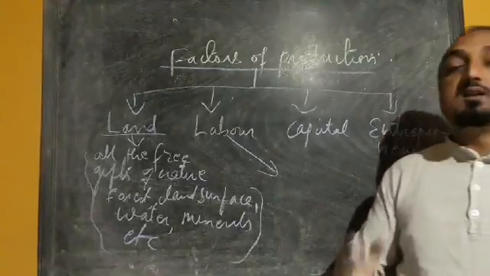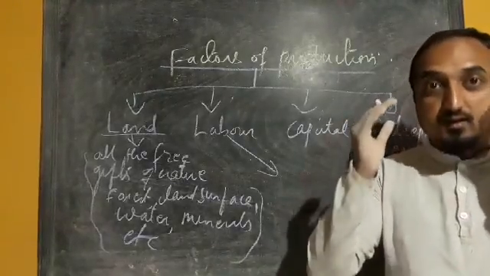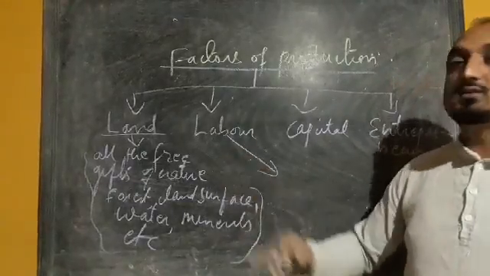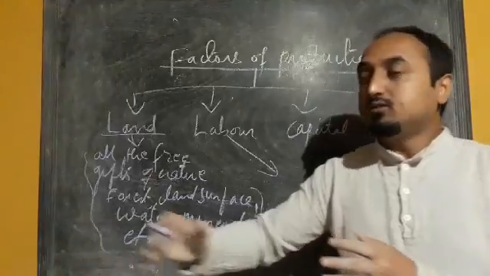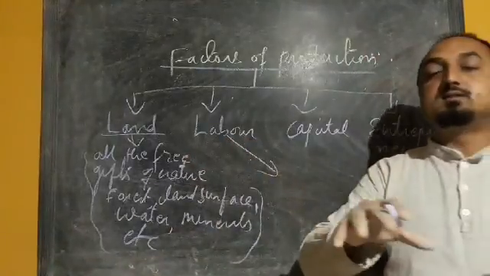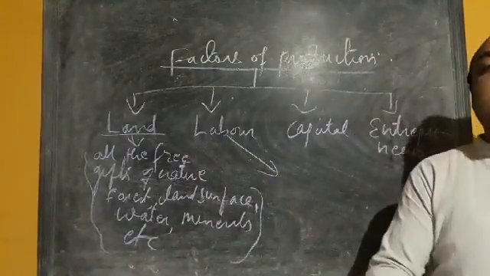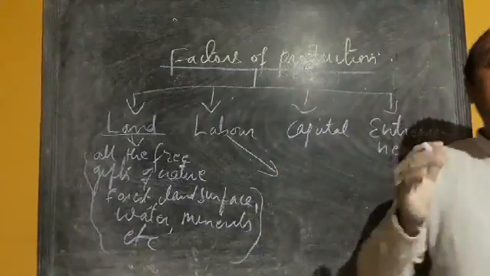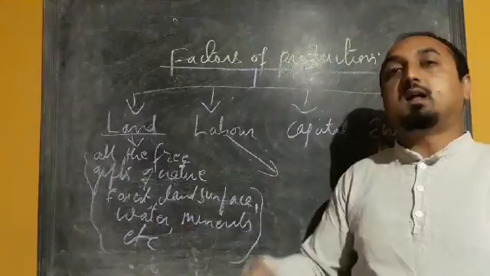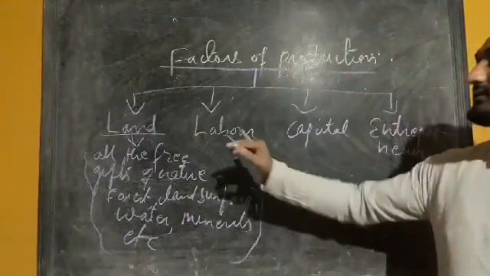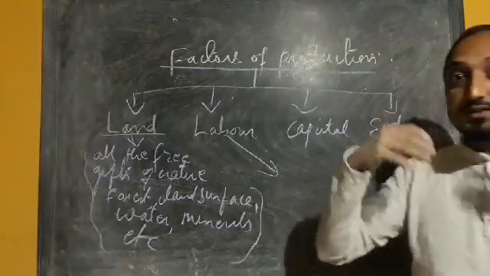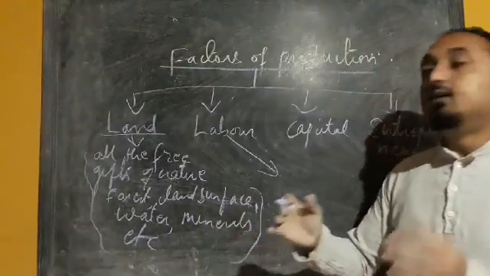And the mental labor, the labor who is using his brain, talent, ideas, skill in the process of production, is called mental labor. Skilled means the one who is trained, those who have got some experience in that particular field, so that can be considered skilled labor.